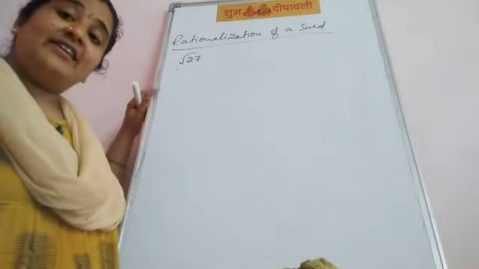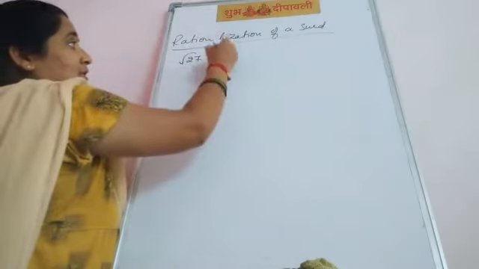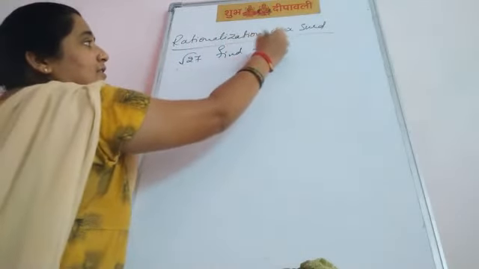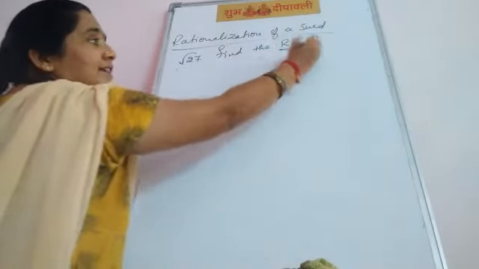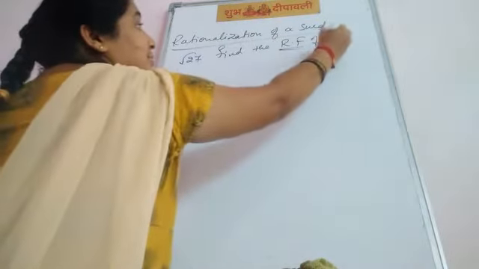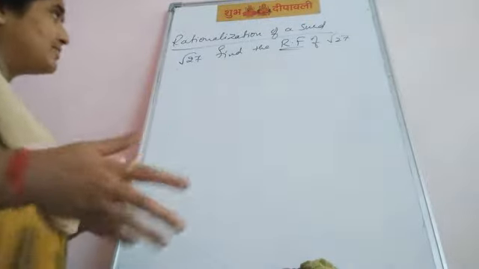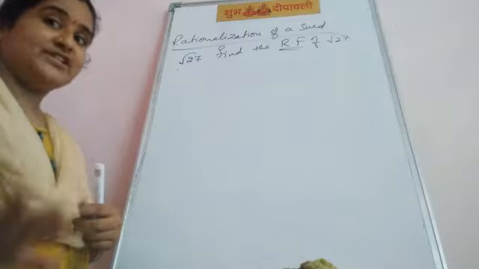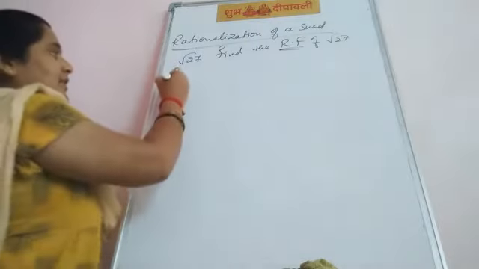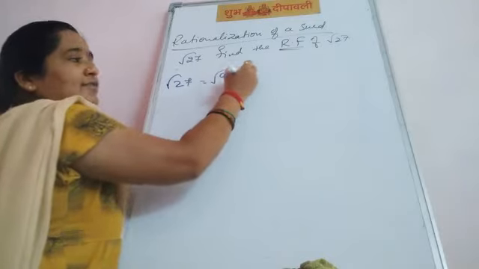Students, find the rationalizing factor. I am writing in short form, R.F. of root 27. See students, as I explained before, in the simplest form, we need to simplify. Root 27 equals root 9 into 3, 9 threes are 27.